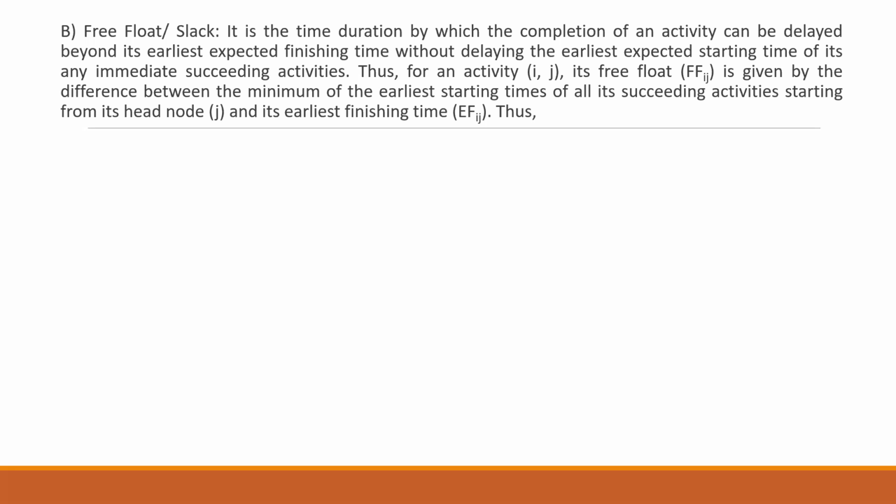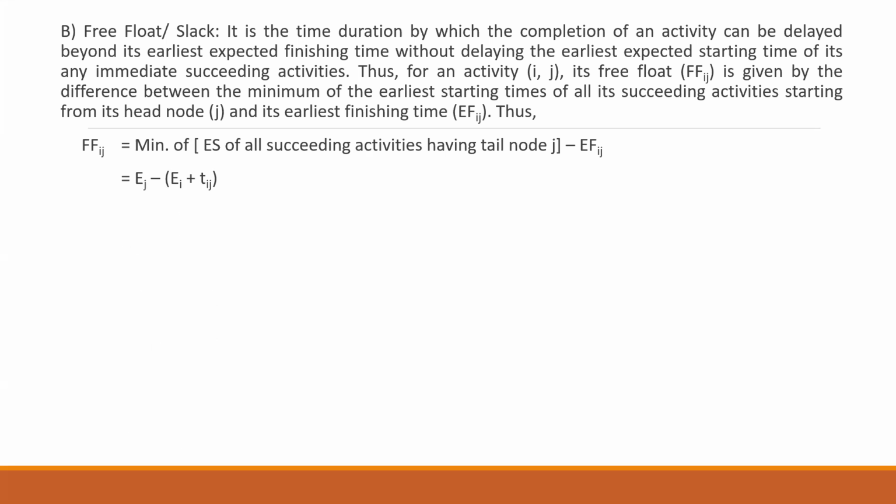So your formula can be written FFij equal to minimum of the earliest starting of all succeeding activities having tail node, minus EFij. To understand it better, you can write this as Ej minus (Ei plus tij).